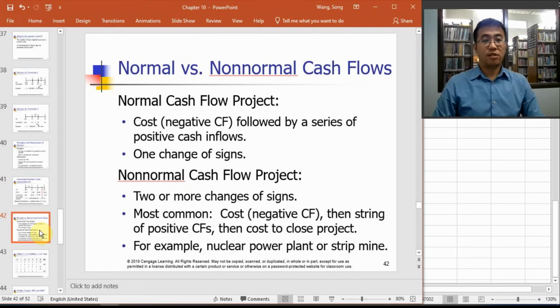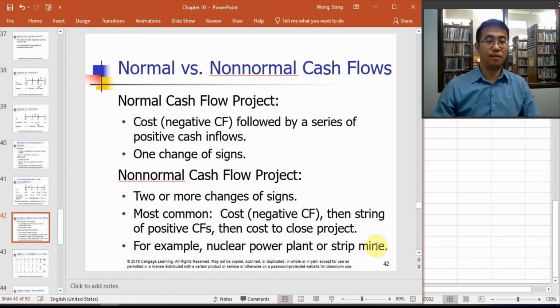And the next subject is non-normal cash flows. Sometimes the cash flows are normal: you have a cost at the beginning, and then you have positive cash flows in the end. When you have a non-normal cash flow, that means you may encounter a change of signs in the future, sometimes positive, sometimes negative. Some examples would include a nuclear power plant or a strip mine.